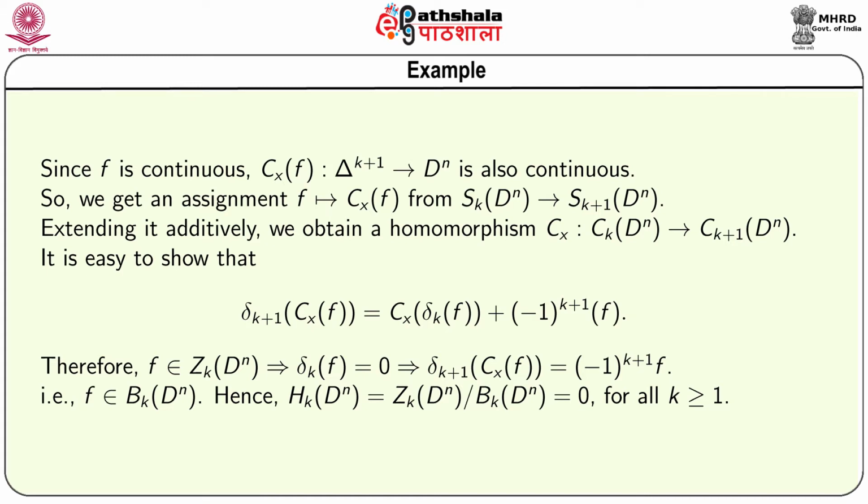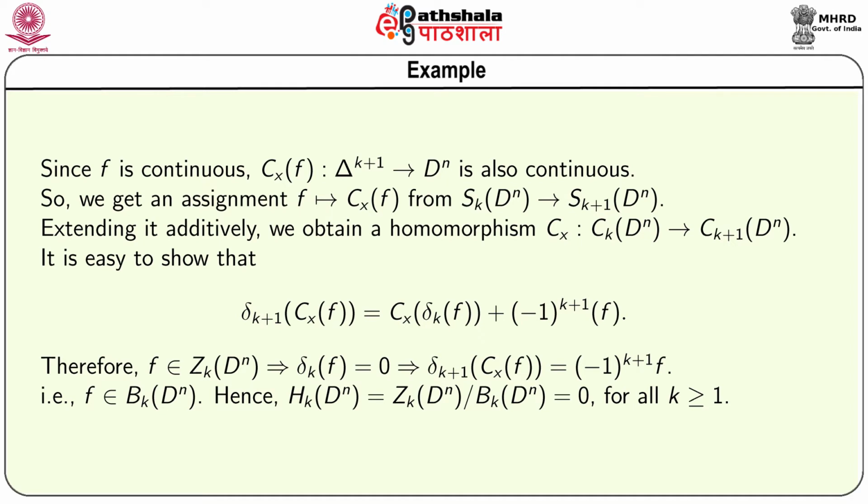Also, it is not hard to prove that the boundary of Cxf is Cx of the boundary of f plus or minus (-1) to the power of k+1 f. Therefore, if we take a point f from Zk(Dn), then the boundary of f has a value 0, which implies that the boundary of Cxf is equal to (-1) to the power of k+1 times f.